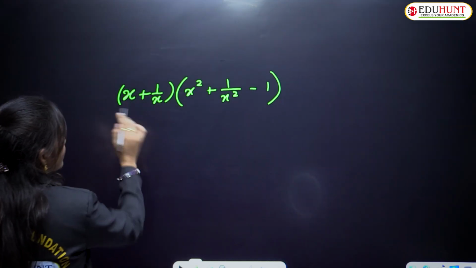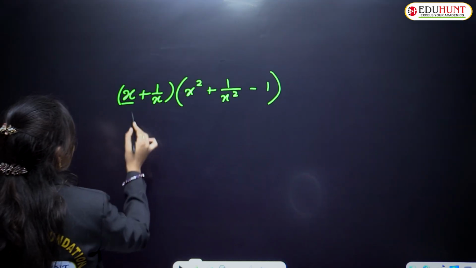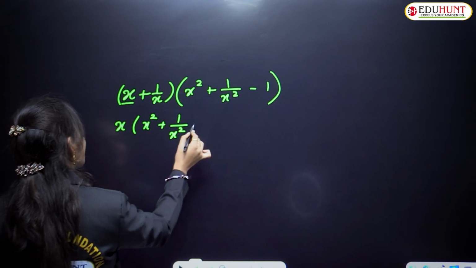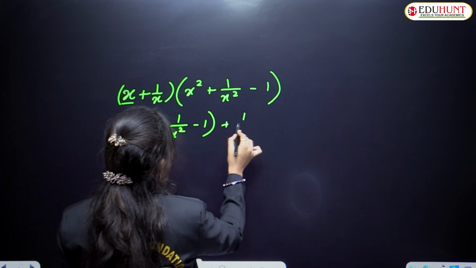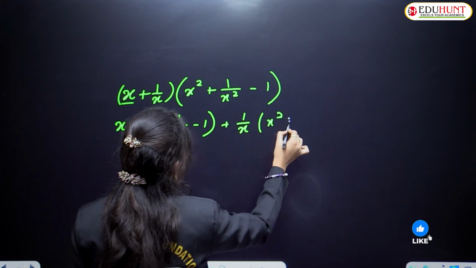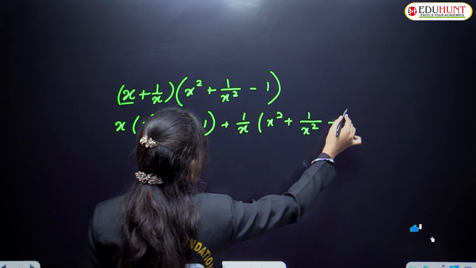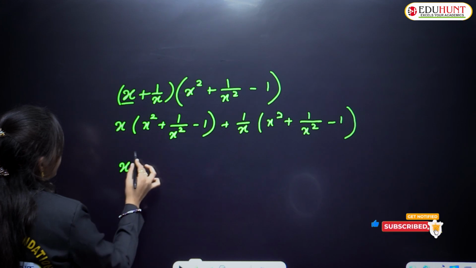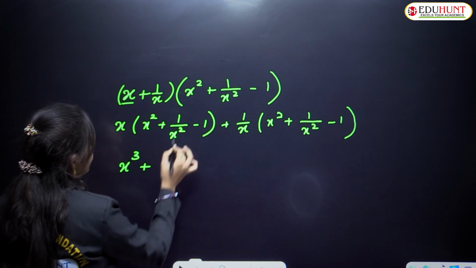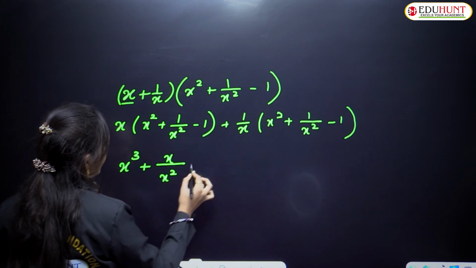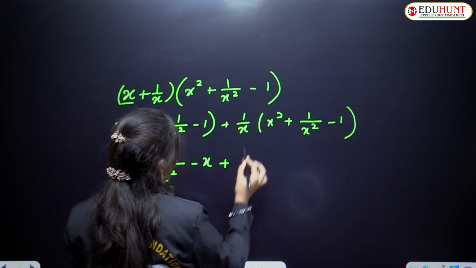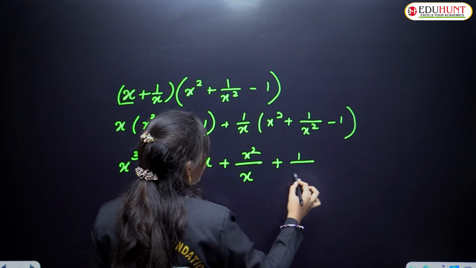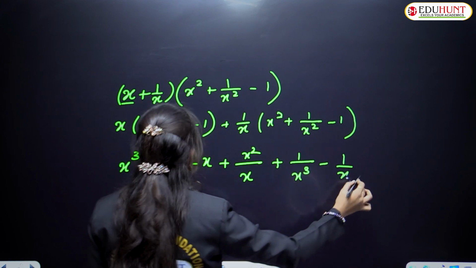Am I clear? So now take the product. First I want to take the product of x into x square plus 1 by x square minus 1, plus 1 by x into x square plus 1 by x square minus 1. So here x into x square is x cube, plus x into 1 by x square means 1 by x, minus x, plus x square by x, plus 1 by x cube, minus 1 by x.